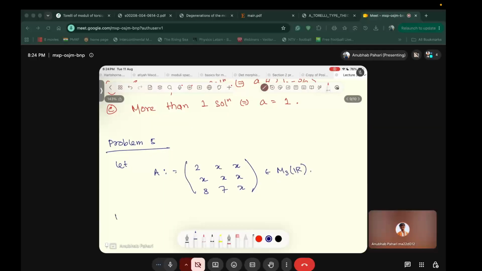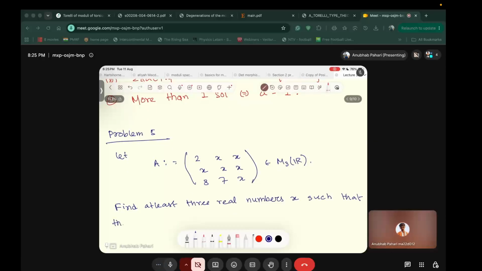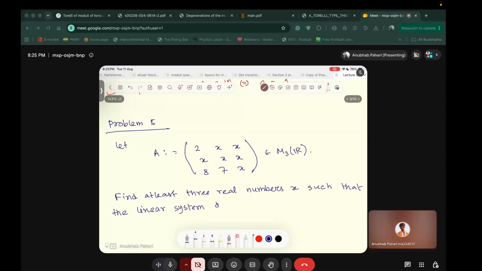Find at least 3 real numbers x such that the linear system of 3 equations in 3 variables Ax equals 0 has infinitely many solutions.